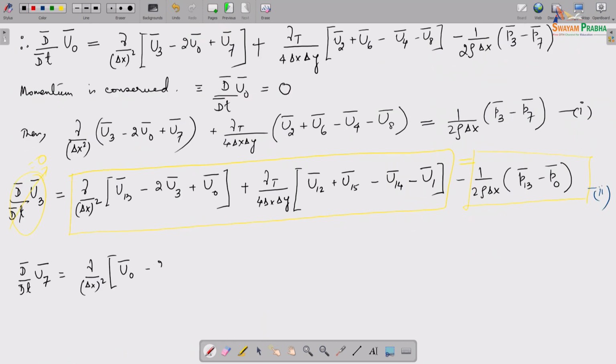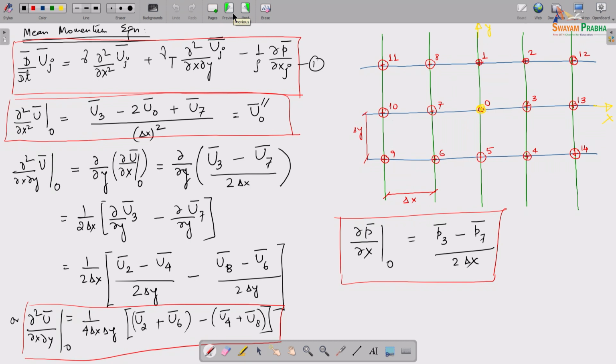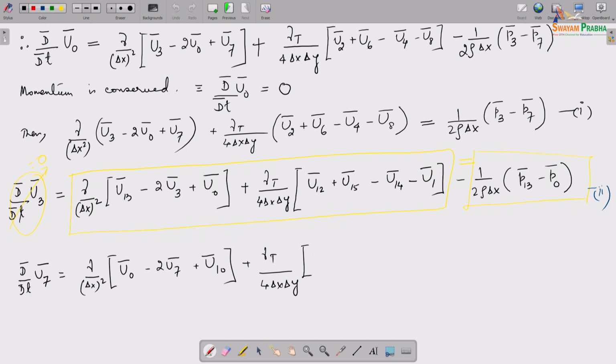So use this function value at 10, plus nu t by delta x delta, again 7 and 9, it should be 1 and 9 and 5 and 11, minus 1 by 2, this thing, it would be naught minus 10, yeah, P naught 10.